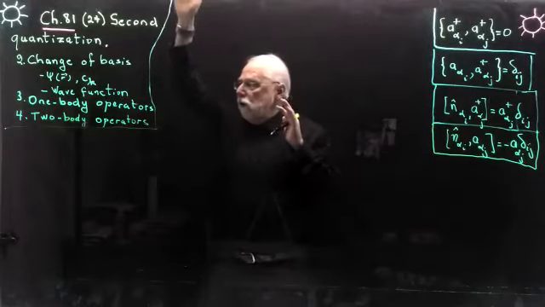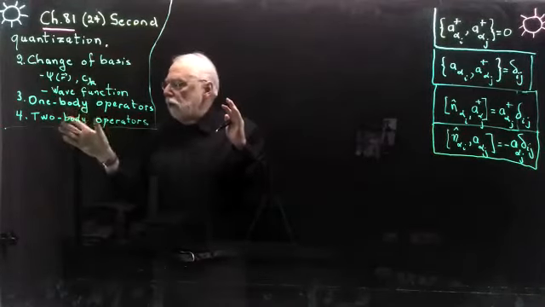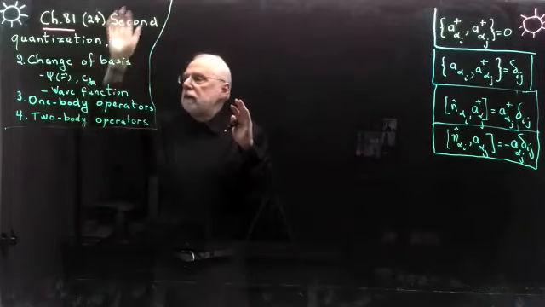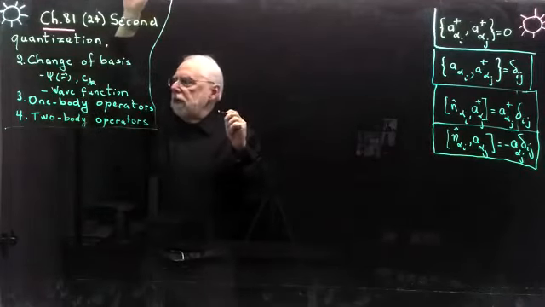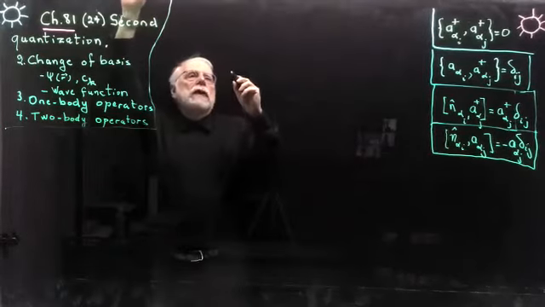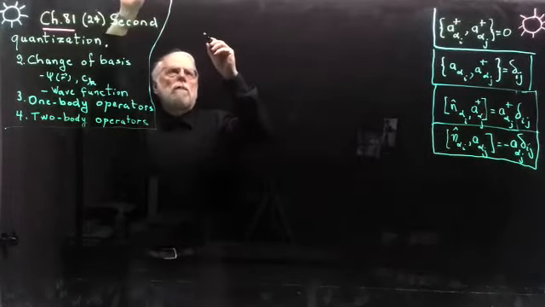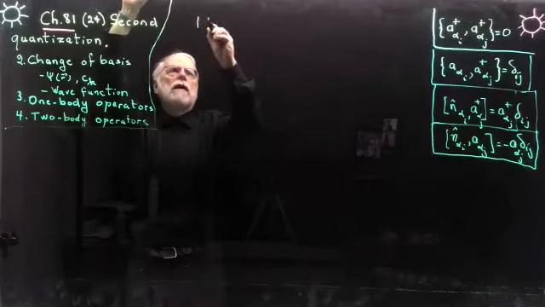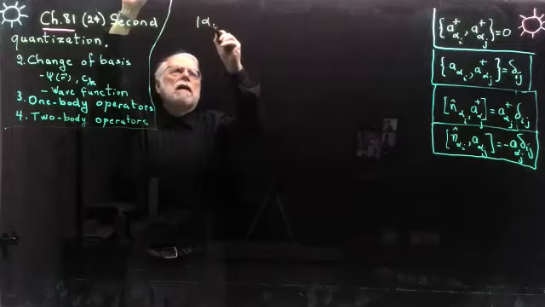Okay, the other trick that's behind writing the one and two body operators in a simple way is this change of basis. So let's see how we change basis. So we said we were working with some one body basis alpha I, where I equals 1, 2, 3 are the different elements of that basis.